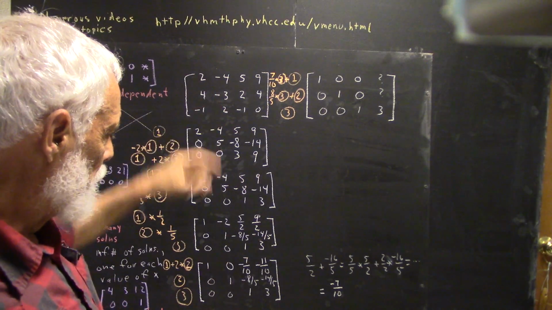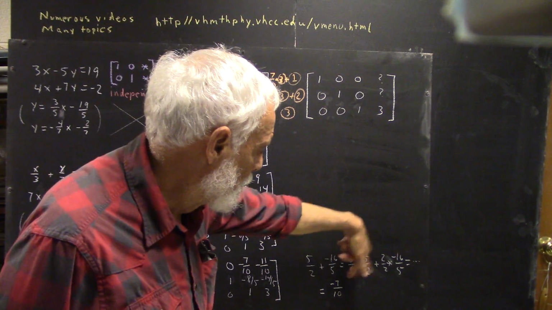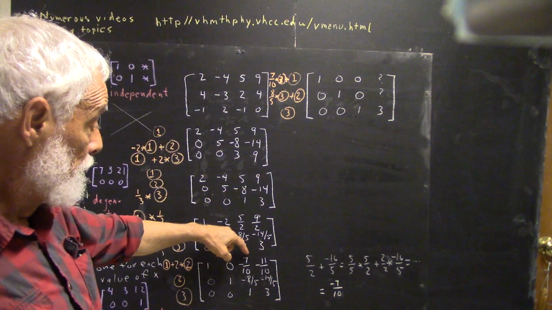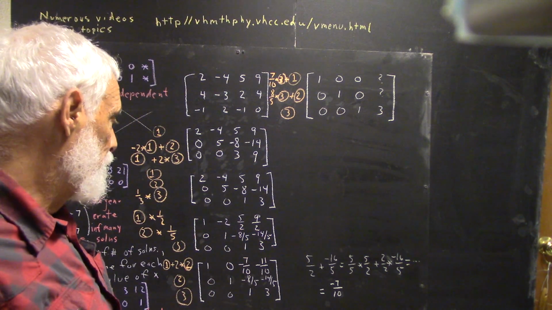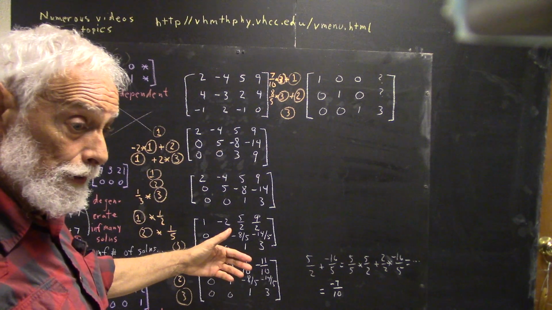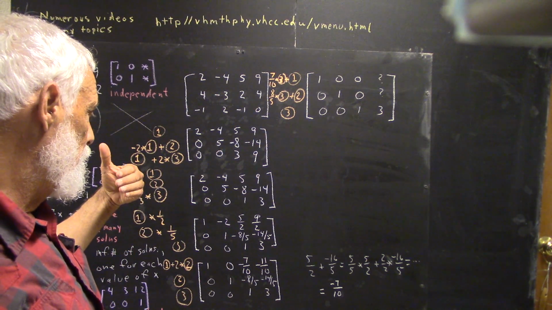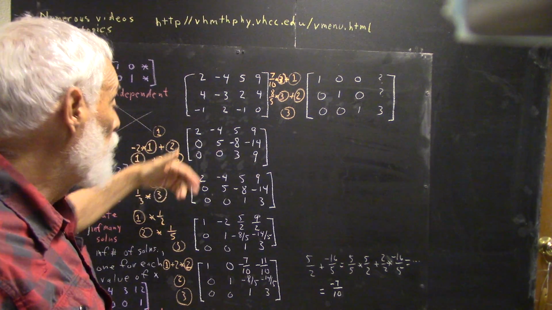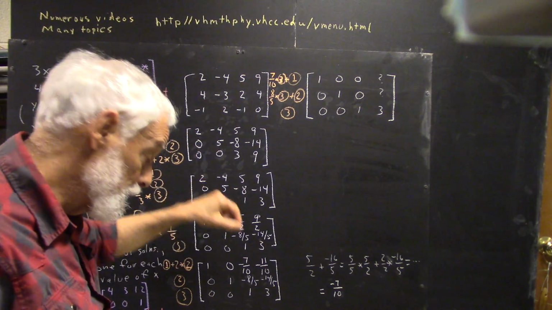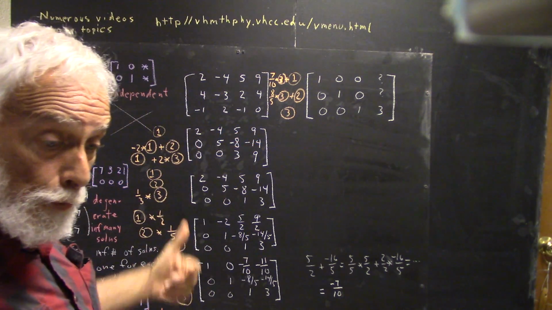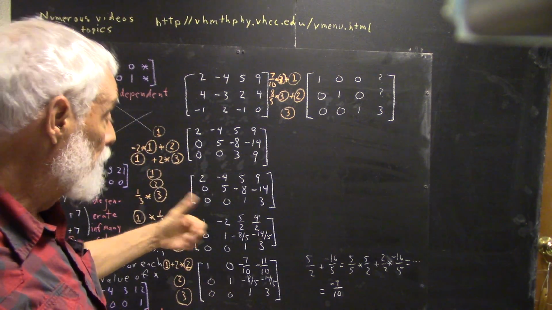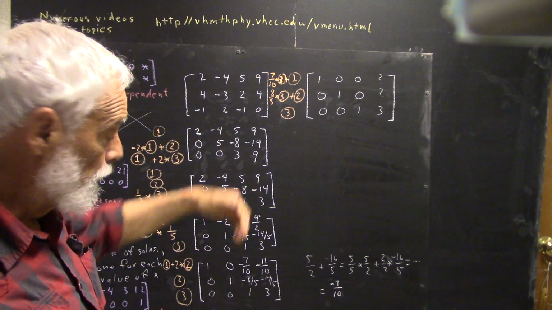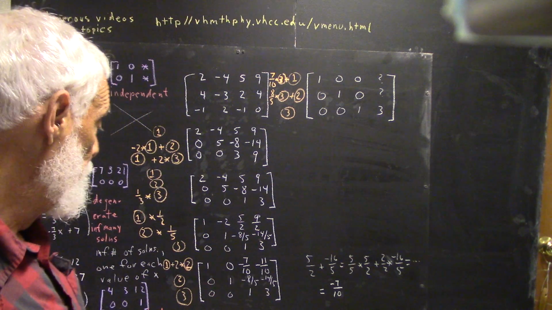-7/10. And I'm not sure I said all that right, but here's the calculation that we wrote down here. Okay? And to say that right, 2 times negative 8/5 is negative 16/5, which is negative 32/10. 5/2 is 25/10. Negative 32/10 and 25/10 is negative 7/10.